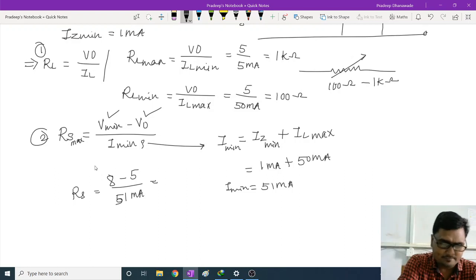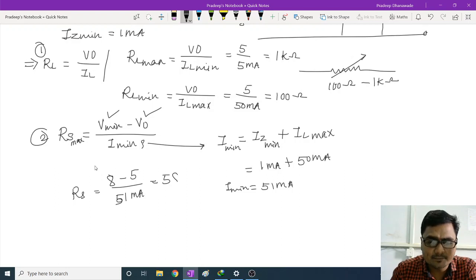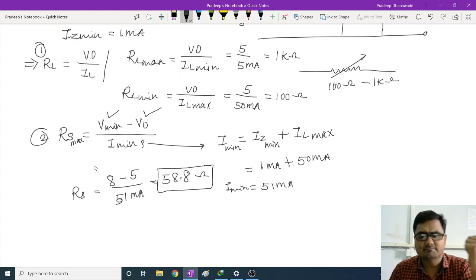Let me calculate here with you. That is 58.8 ohm. Look at this, the value of RS, isn't it so small?